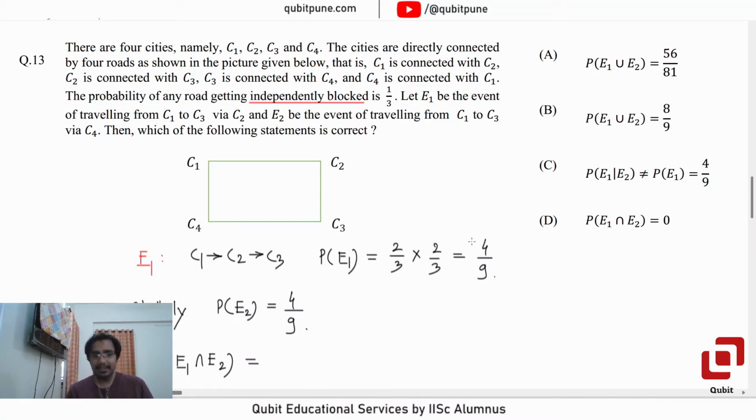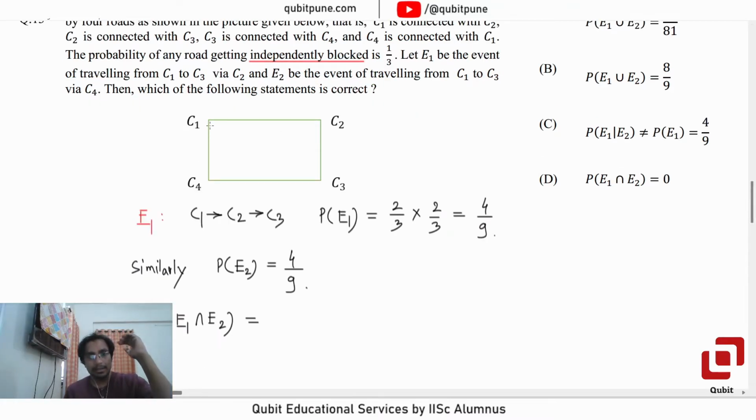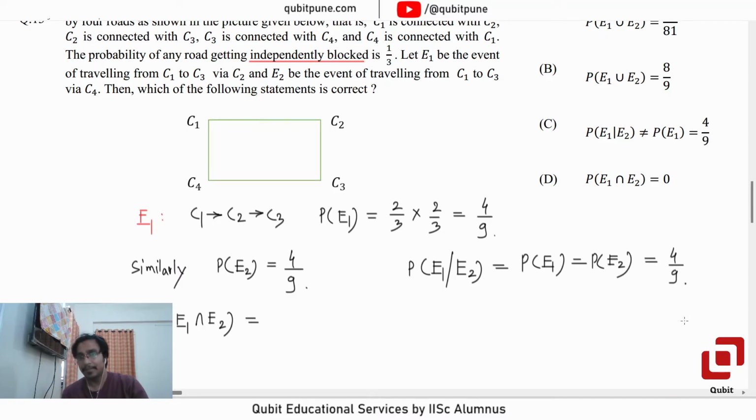Now please note that whether we reach C1 to C3 via C4, that is, whether C1 C4 is blocked or C4 C3 is blocked, is independent of whether C1 C2 is blocked or C2 C3 is blocked. Correct? Because the road closures between any two cities are independent of all other closures, I have to say that probability of E1 given E2 should be equal to probability of E1, and that should also be equal to probability of E2, and that is 4 by 9.